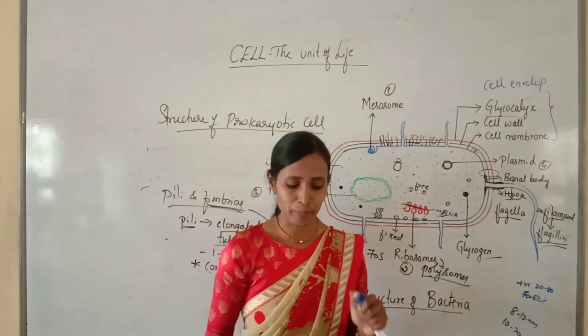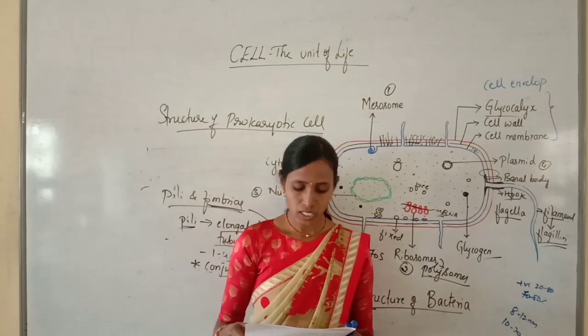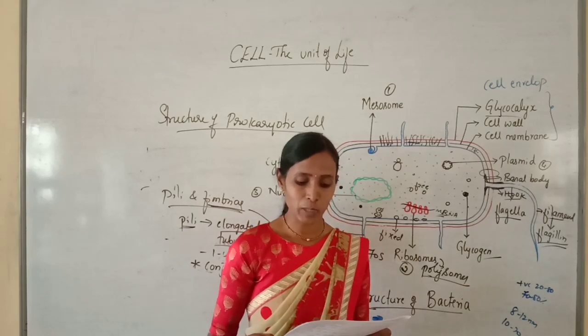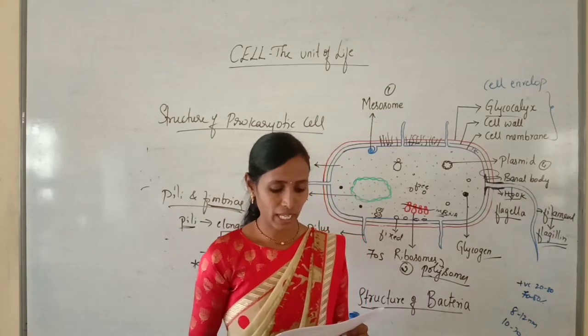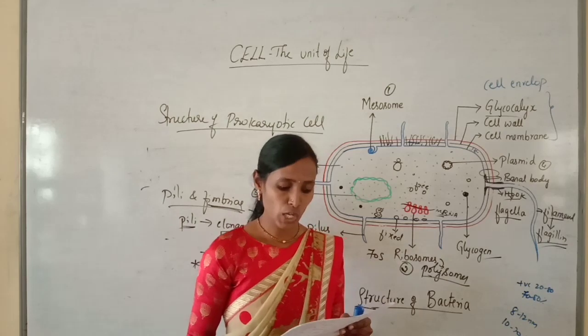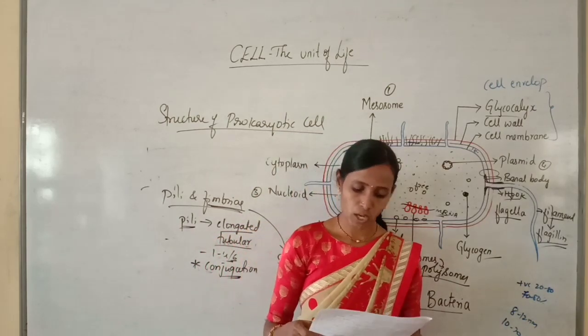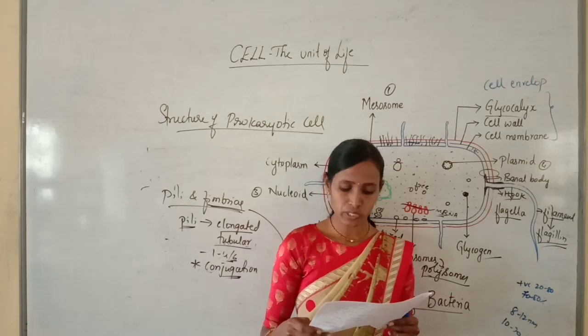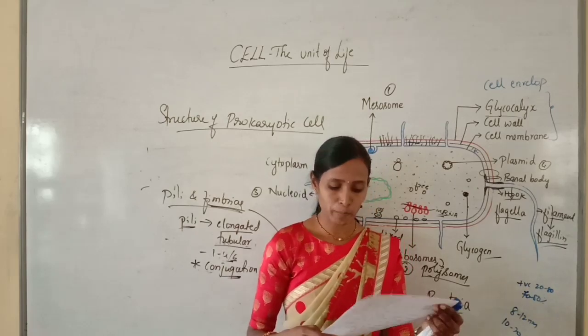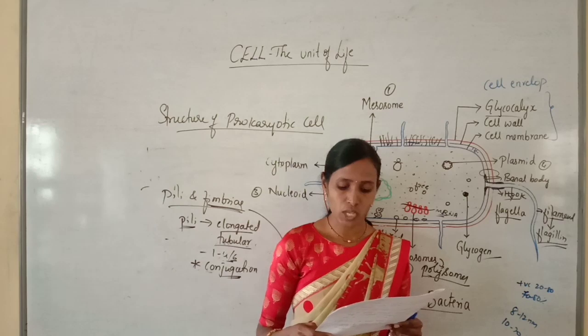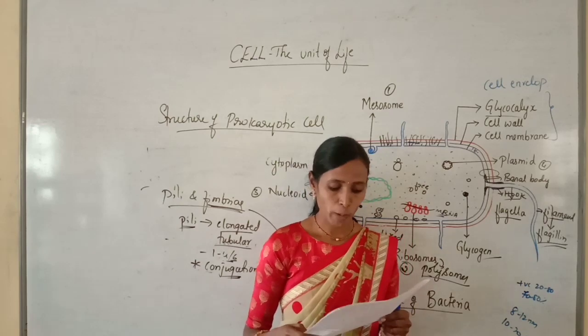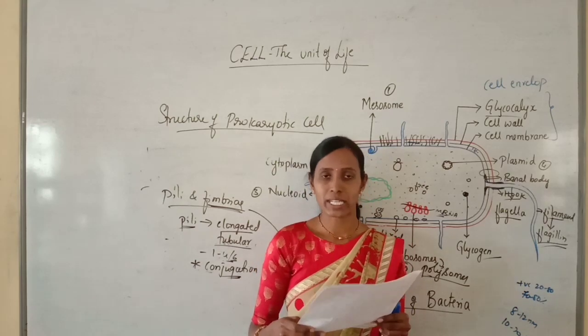Here Christian Gram, option A, is the correct answer. Third question: the bacterial cell envelope consists of option A glycocalyx, option B cell wall, option C cell membrane, option D all of these. So option D, all of these. Next, fourth question: the cell wall of bacteria is made up of option A proteins, option B polysaccharides, option C peptidoglycan, option D cellulose.